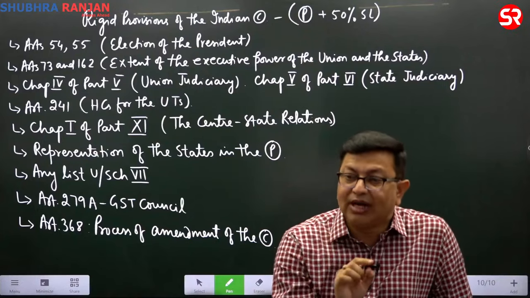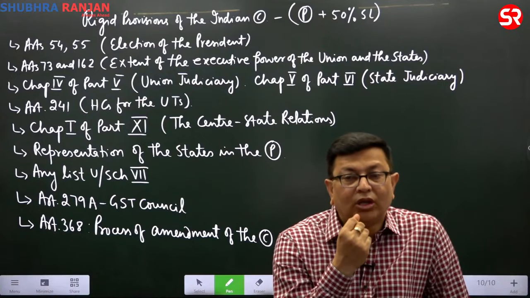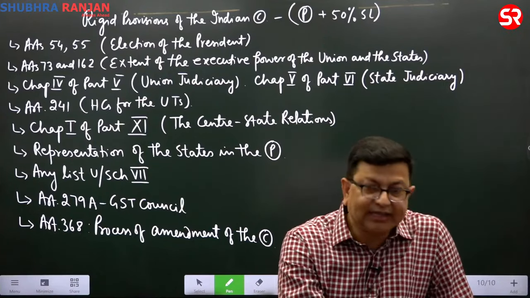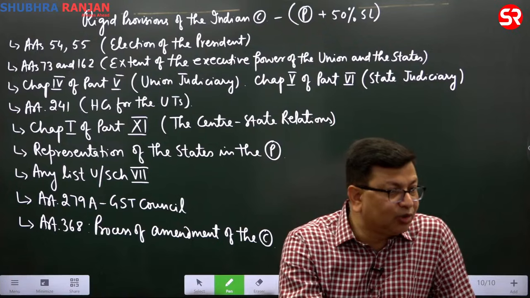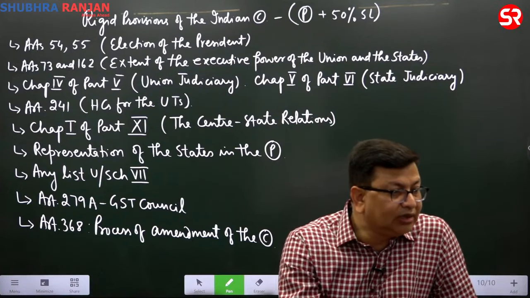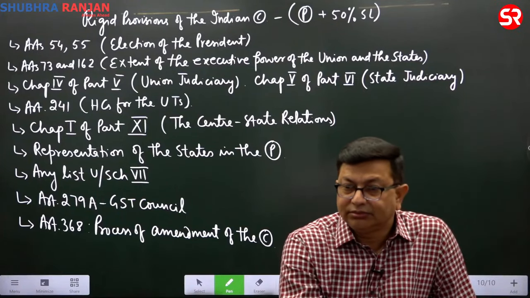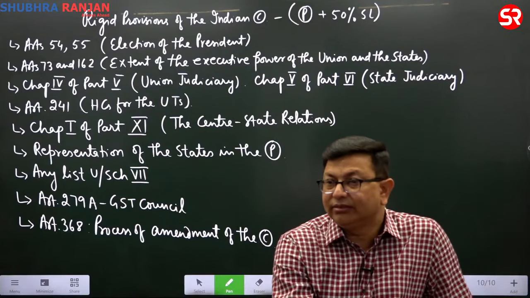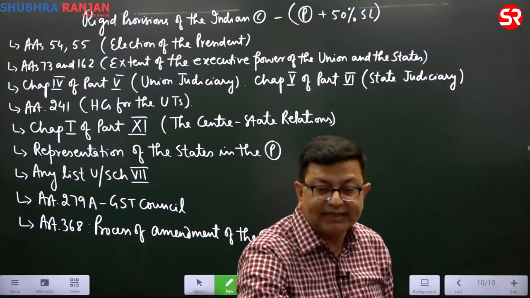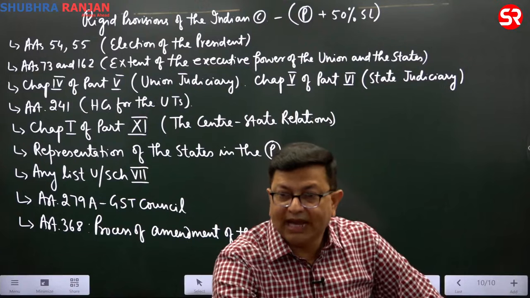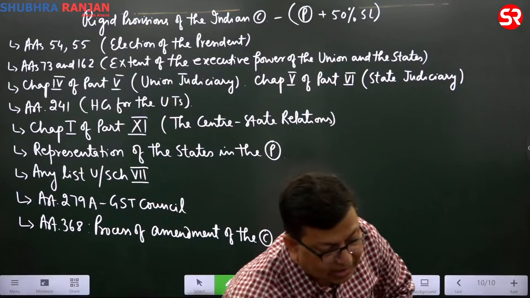Then one more sentence you can write here: rest all the provisions of the Indian Constitution are flexible in nature, that is, they can be amended only by the Parliament.